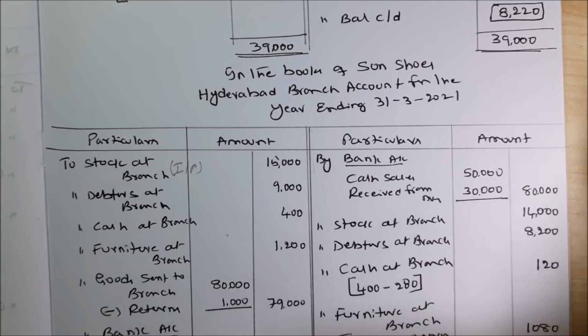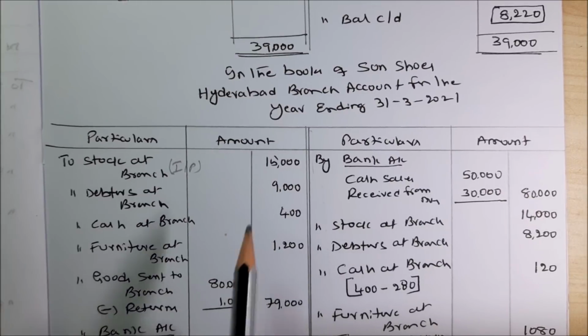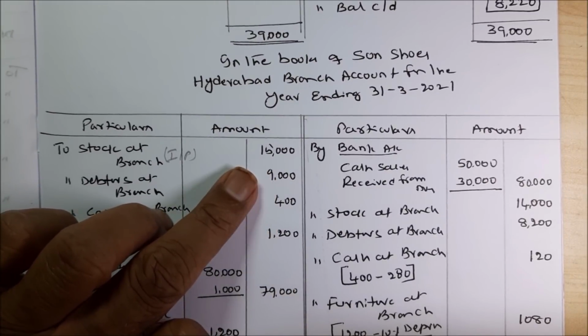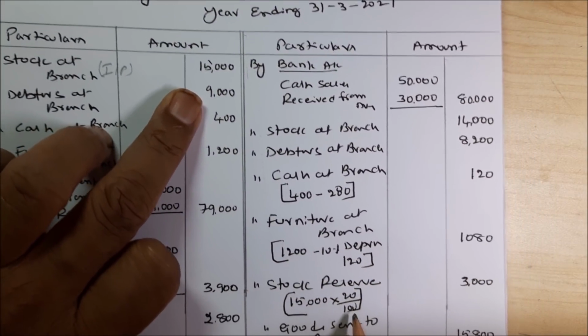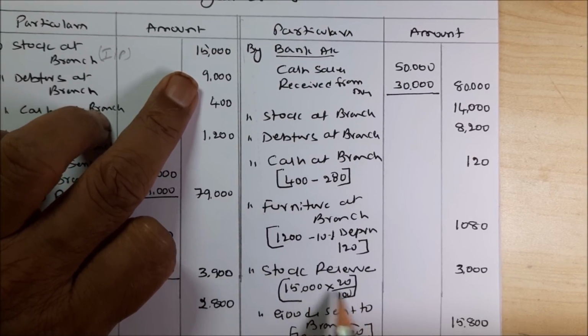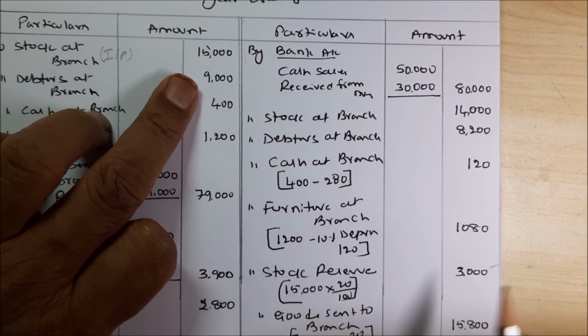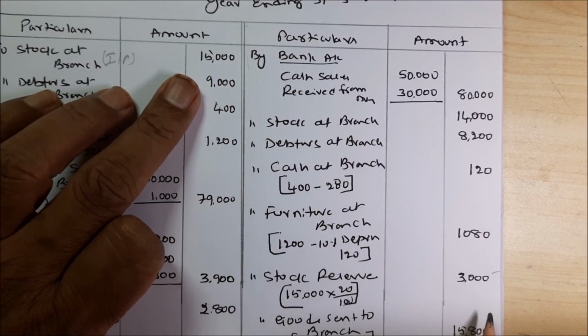That is the most important concept. Here you see 15,000. Here I have written stock reserve 15,000 into 20 by 100, that is 20% of 15,000, which is 3,000. Whenever IP is there, the opposite entry will be there.